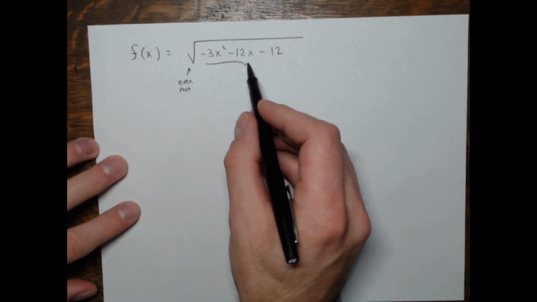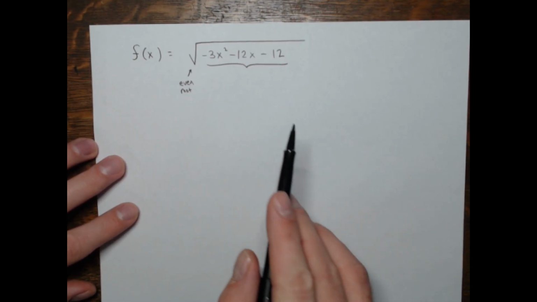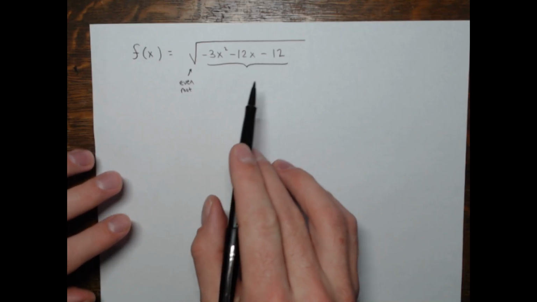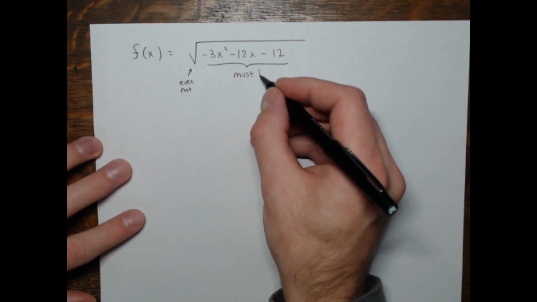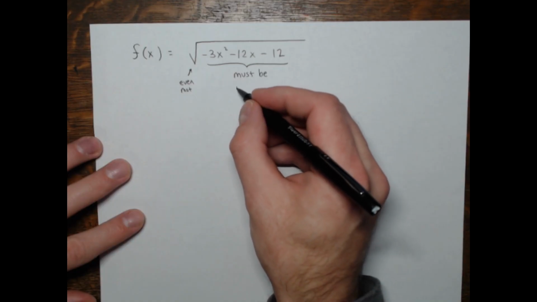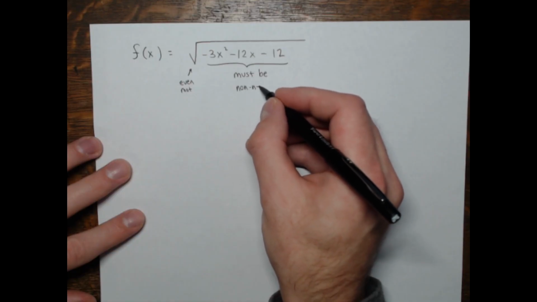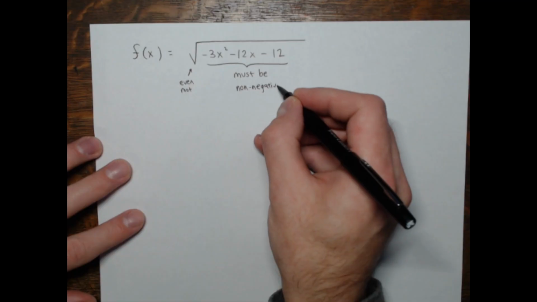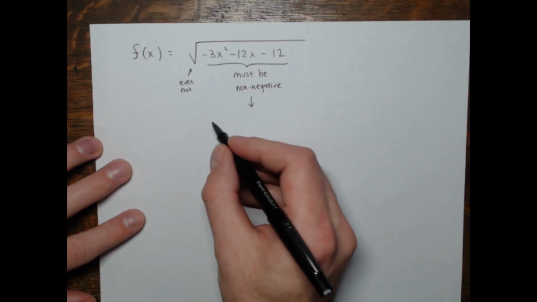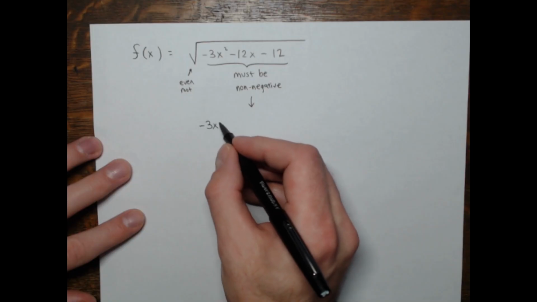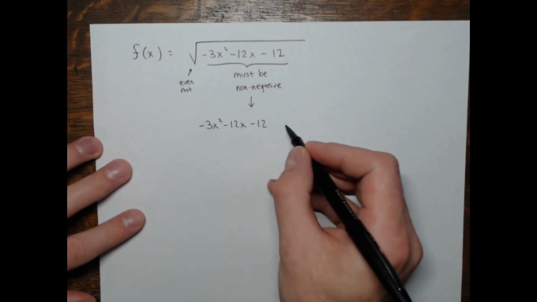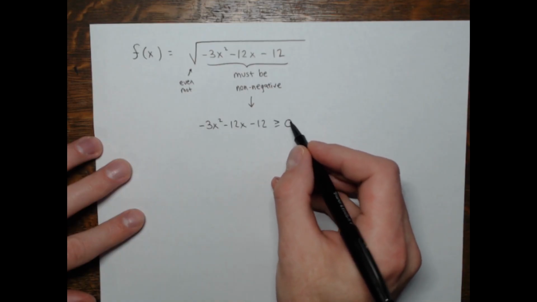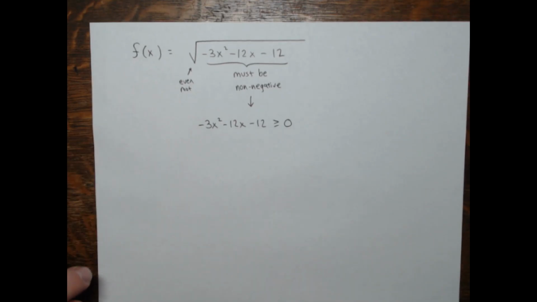So that means we're only going to be defined wherever the expression inside is non-negative, right? So this expression inside must be non-negative. In other words, this negative 3x squared minus 12x minus 12 must be greater than or equal to 0, and we'll solve this and see if this has any solutions on the real number line.